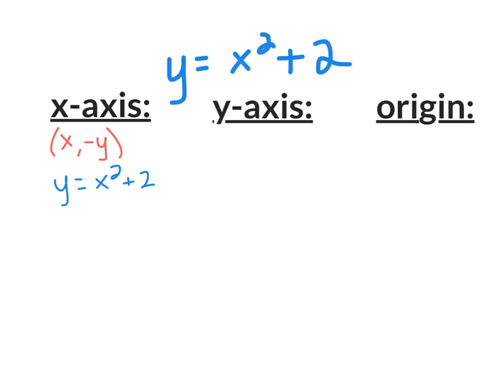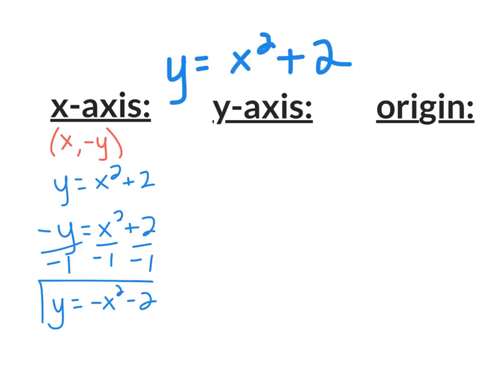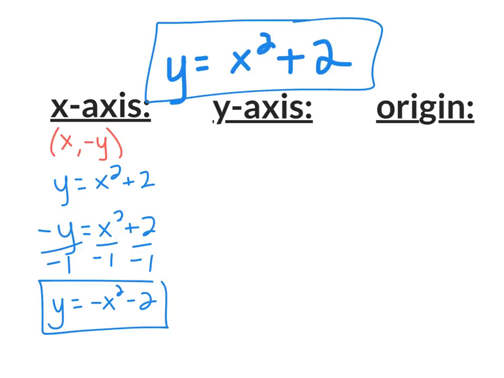And if I replace the y value with negative y and solve for y, I'd have to divide that negative out to each term on the other side. Notice that we get y equals negative x squared minus 2, which if you compare to the original, is not the exact same. So we know for a fact that this is not symmetric about the x-axis.